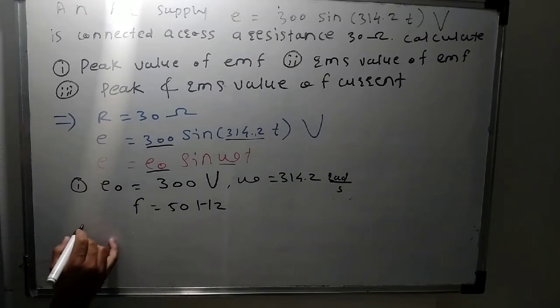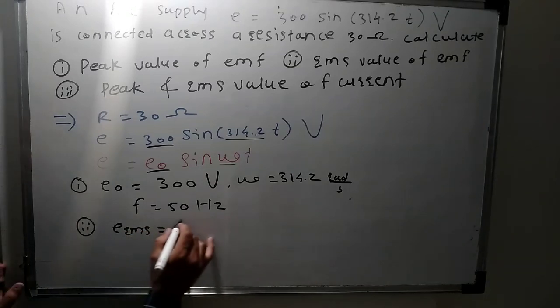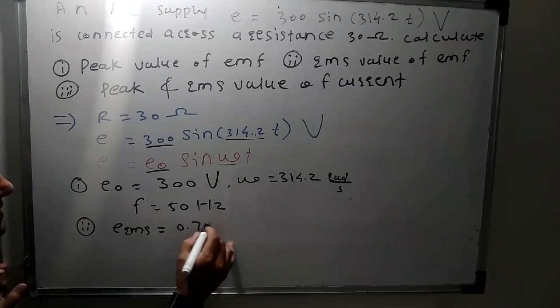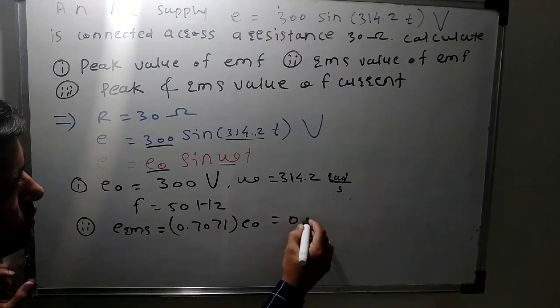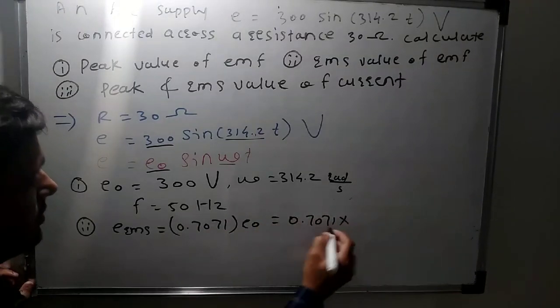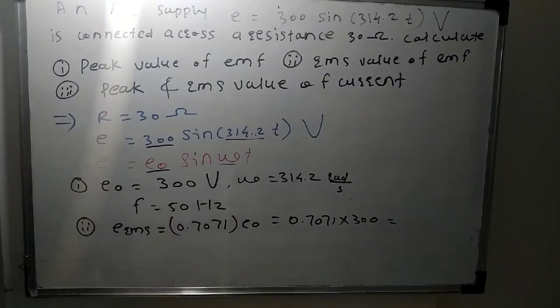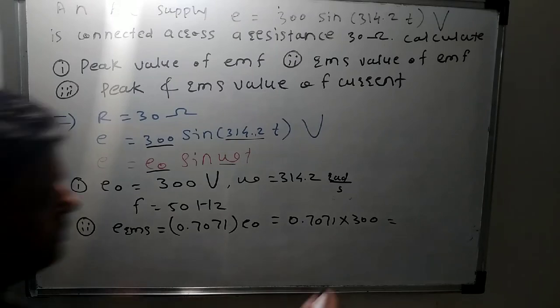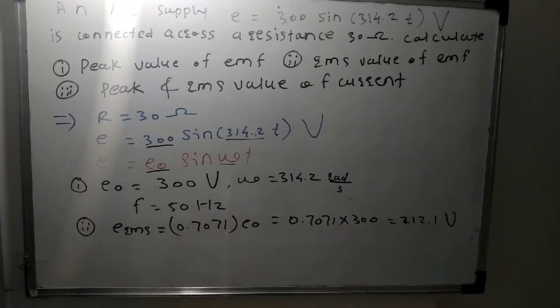Then how can we determine the value of ERMS? ERMS is nothing but 0.7071 of the peak value of EMF, so 0.7071 into 300, and the answer becomes 212. This is the RMS value of the EMF.